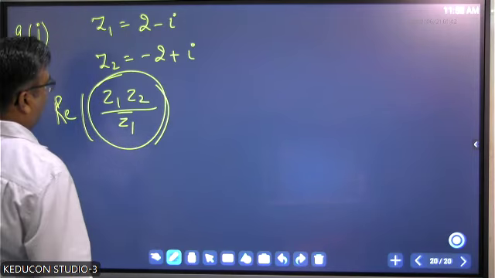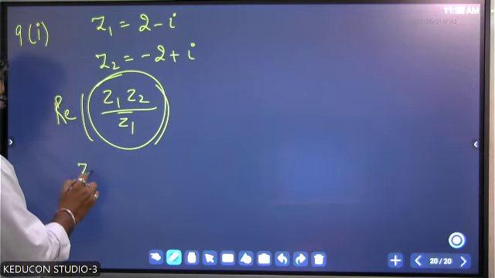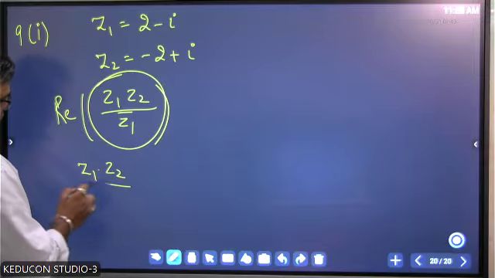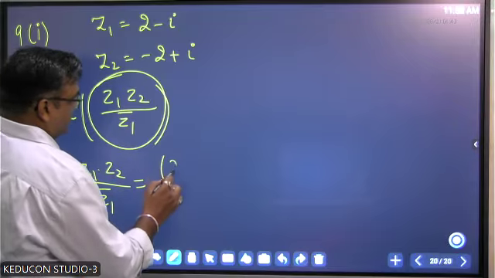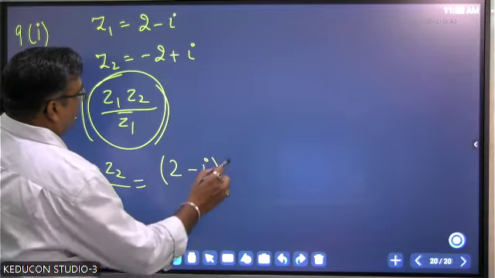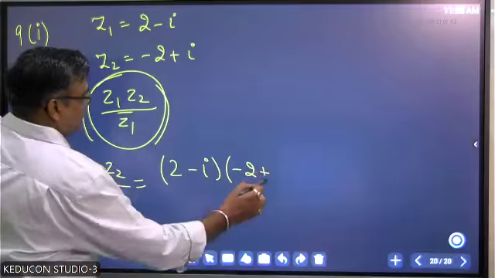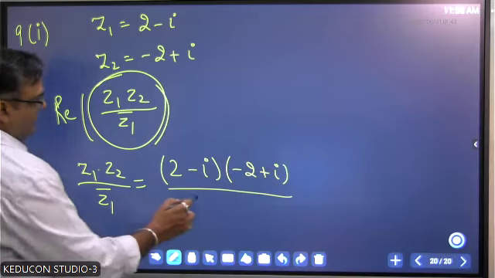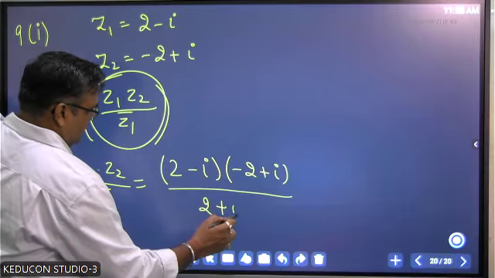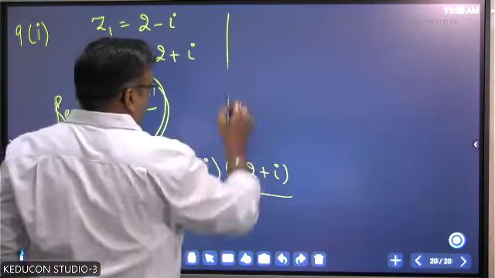To find this out, students, what do we have to do? Z1 into Z2 upon conjugate of Z1. What is Z1 into Z2? 2 minus iota times minus 2 plus iota, divided by the conjugate of Z1. What will be the conjugate? 2 plus iota. Now solve this.